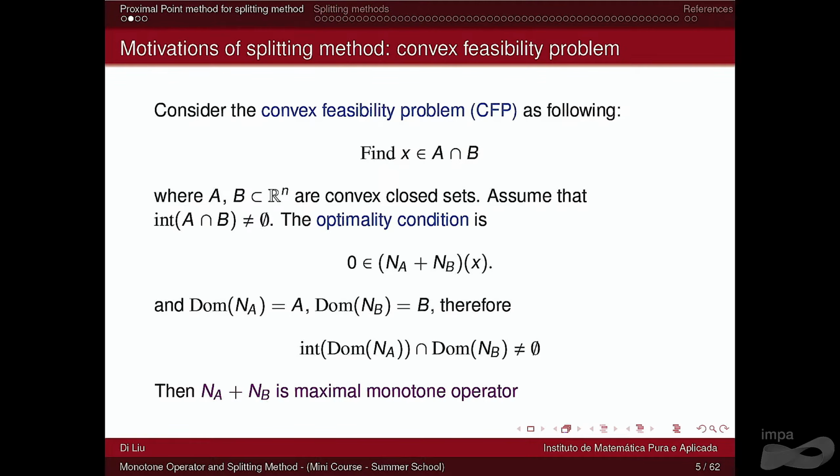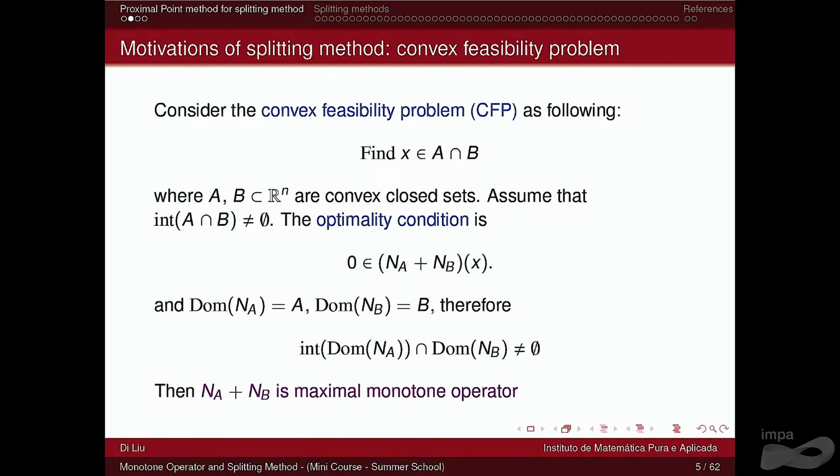We consider the convex feasibility problem, okay? We want to find the point x which belongs to A intersect B. And here, A and B are convex and closed.